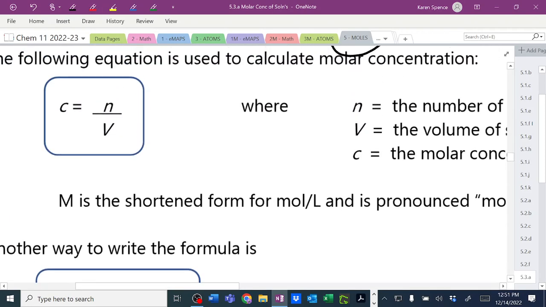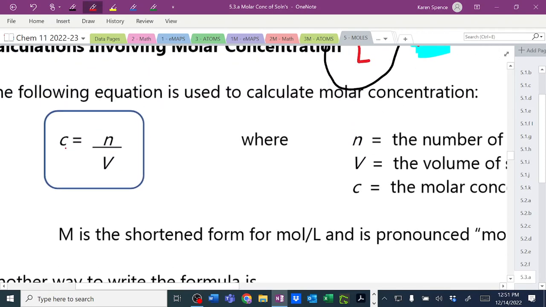The other way to write it is the concentration of substance X is equal to, now do you remember what the letter N stands for? N stands for the number of moles. This is back from unit 1. Okay. And V stands for volume.